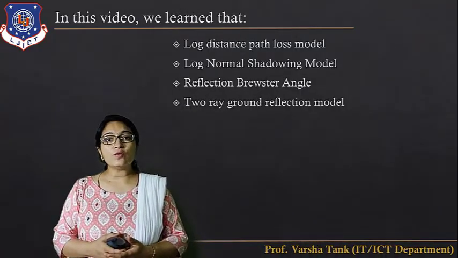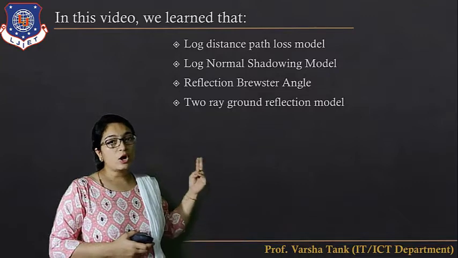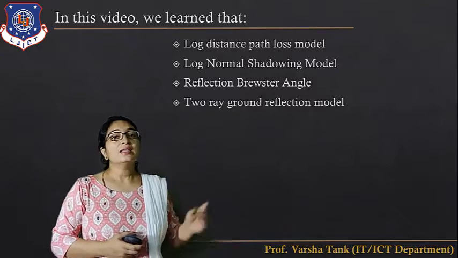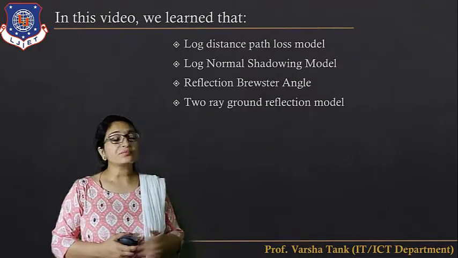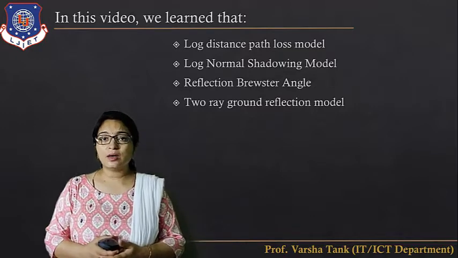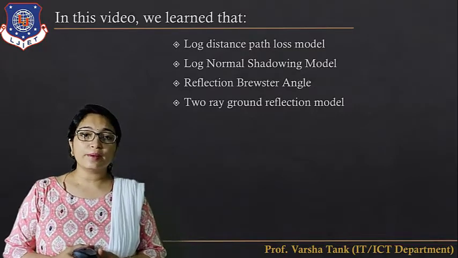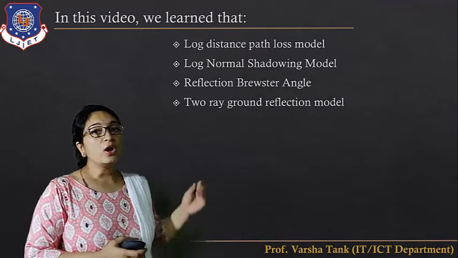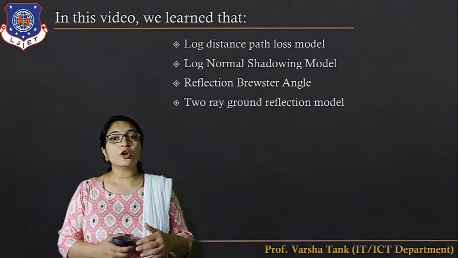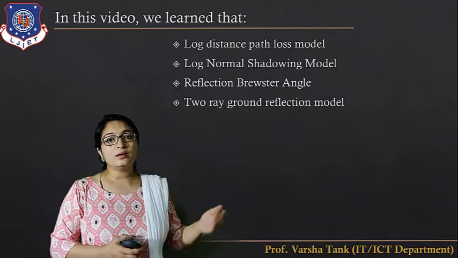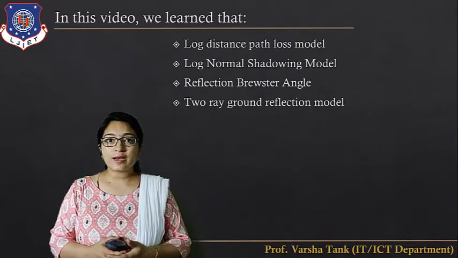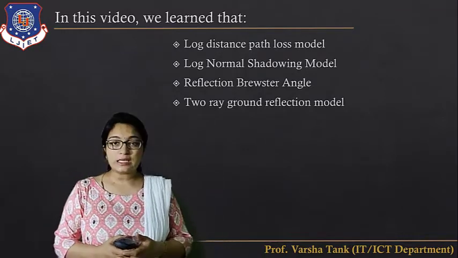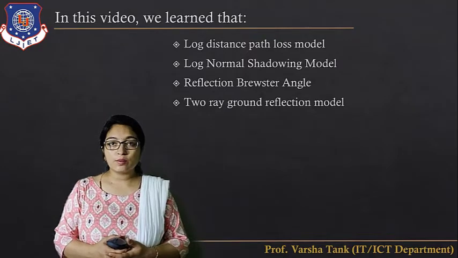So in this video we have learned the log distance path loss model, then the log normal shadowing model, then reflection, what is reflection, the reflection Brewster angle, and the two-ray ground reflection model. If we are not considering the sigma, then it is the log distance path loss model, and if we are considering that sigma, then it becomes the shadowing model.